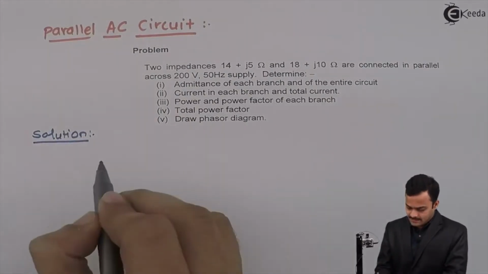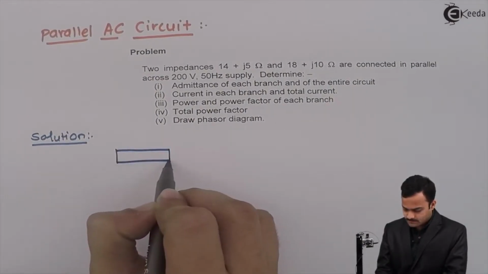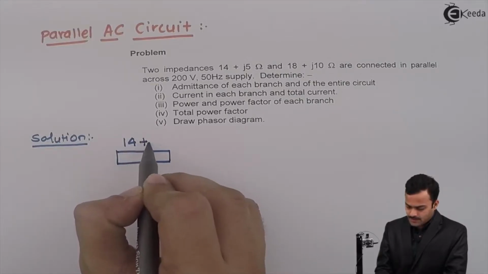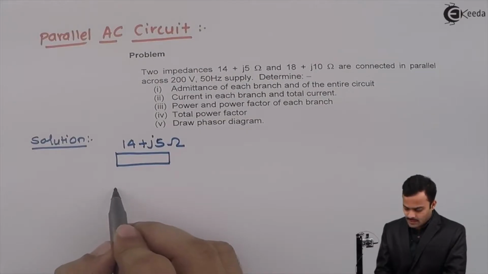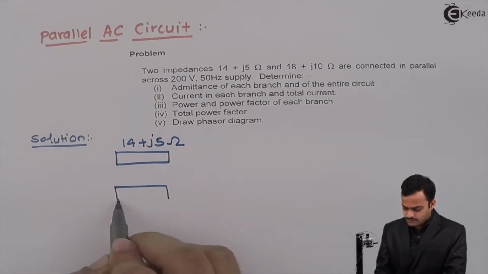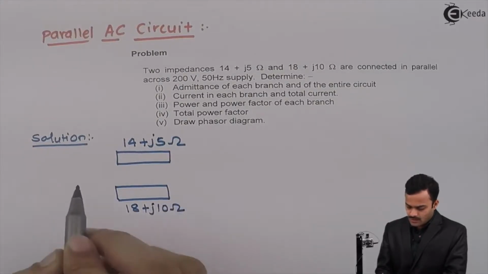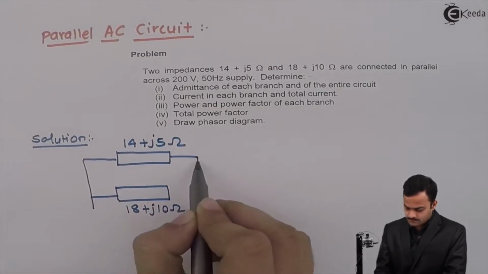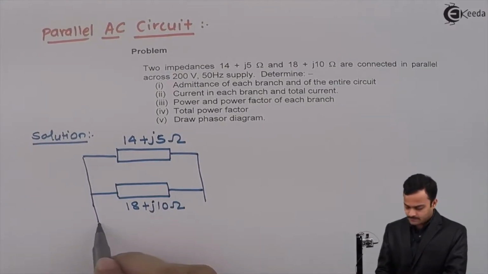Two impedances. So I will represent impedance like this, having the value 14 plus j5 for Z1 and Z2 equal to 18 plus j10 ohm, connected in parallel across 200 volt 50 hertz supply.